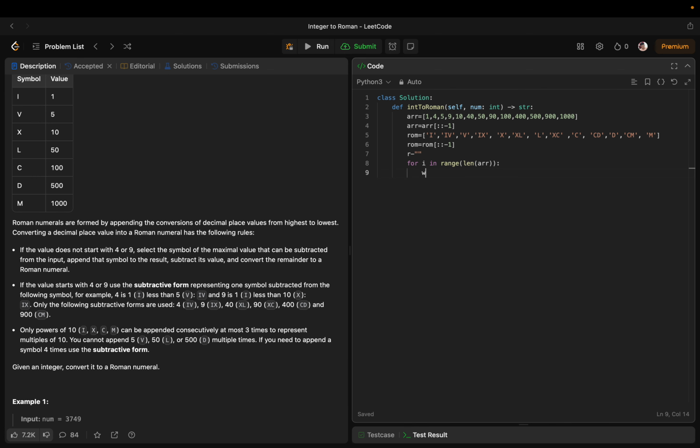I will keep on subtracting the biggest possible value from this array from num. So I will write a while loop: while num is greater than or equal to arr of i, I will keep on subtracting that value, and upon subtracting the value we should also decrease the num value. So num will be equal to num minus arr of i.